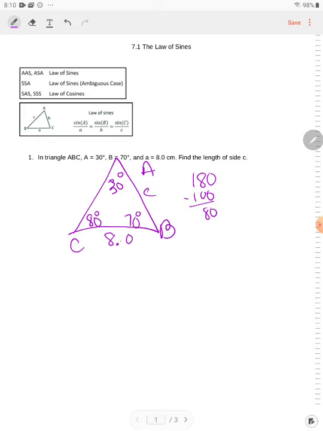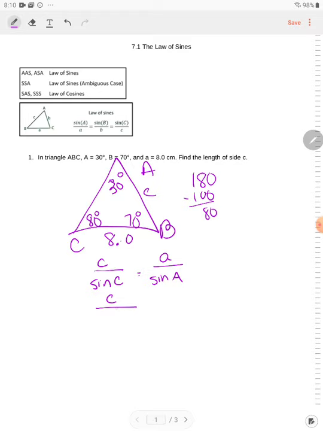To find length c, we can use a ratio of side over sine of angle: c over sine C is equal to a over sine of angle A. Notice that lowercase letters are sides and uppercase letters represent angles.